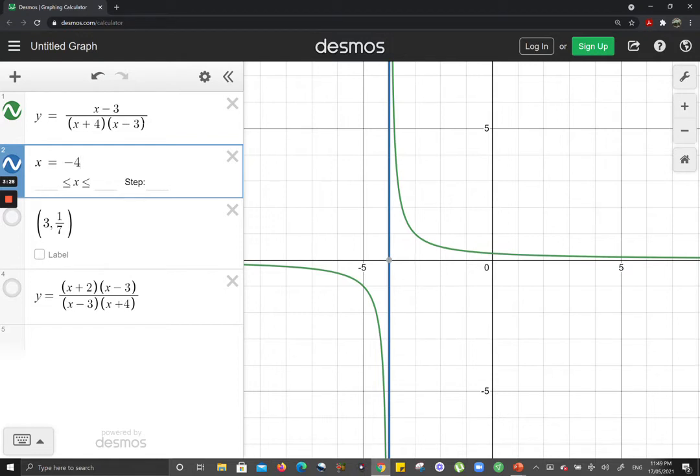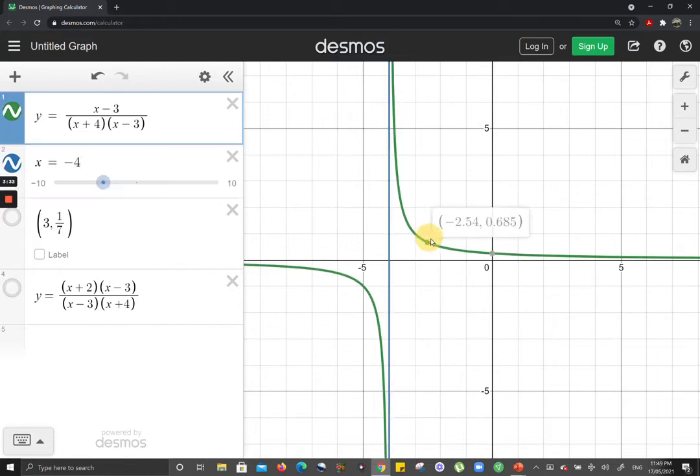Now, the question is, if x on the given function is 3, this factor actually becomes 0. Let's check 3. Did you see that? It says undefined. And if you look carefully, when I hit the exact 3, it creates a circle. And that is actually called the hole of the graph.